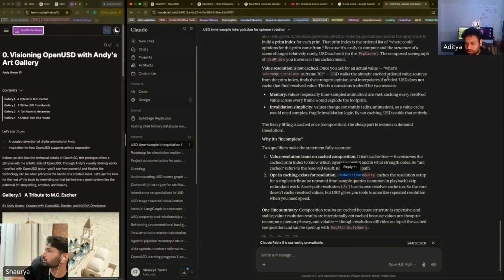Already cached. What value source? From the prim index, the strongest opinion, then interpolate it slowly.